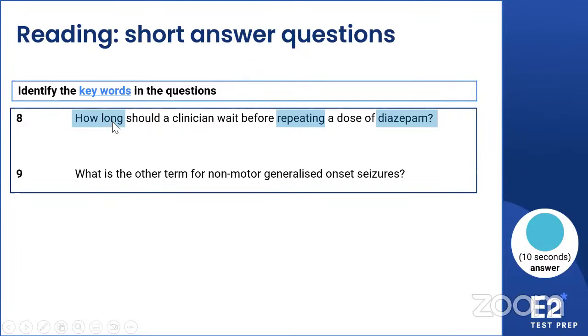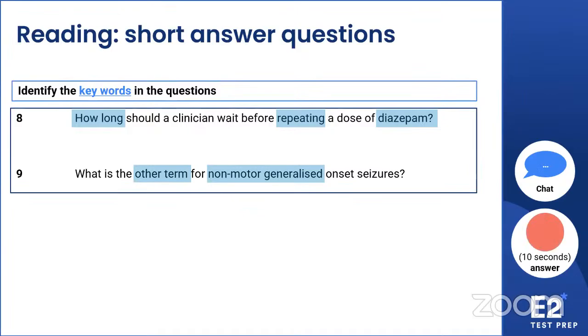That indicates we're going to be thinking about a length of time, repeating, and then diazepam. Yeah, well done, Momina. Well done, Man. Yeah, same dose of diazepam, frequency of diazepam. Yes, thinking there about synonyms. And here for 9, we've got other term for non-motor generalized. So other term might be synonymous with another word, another definition, another piece of language.